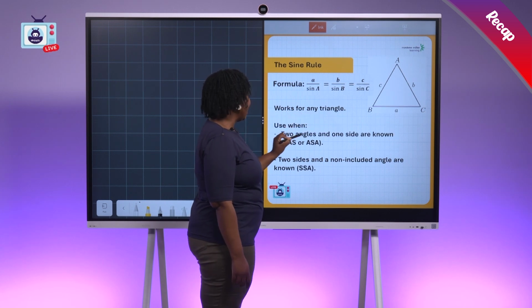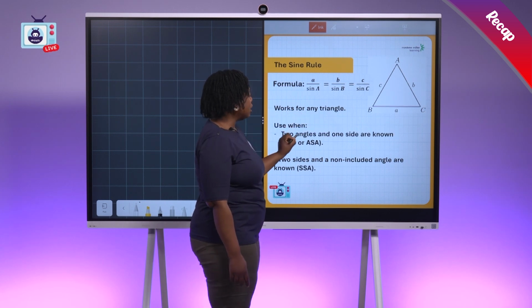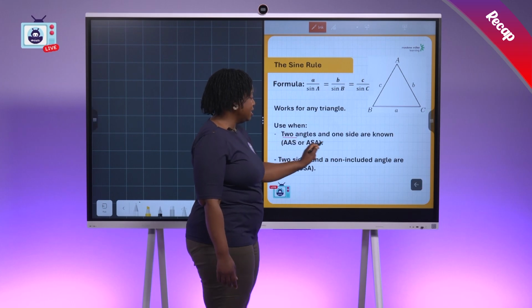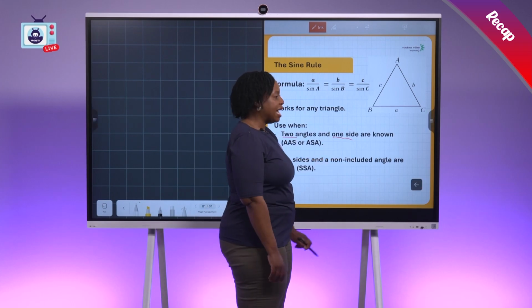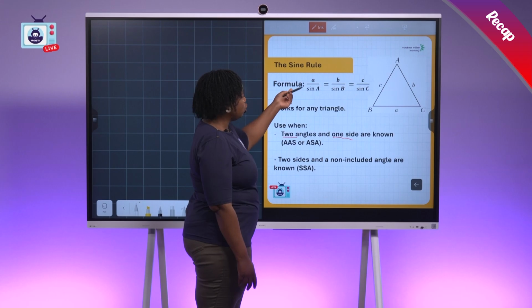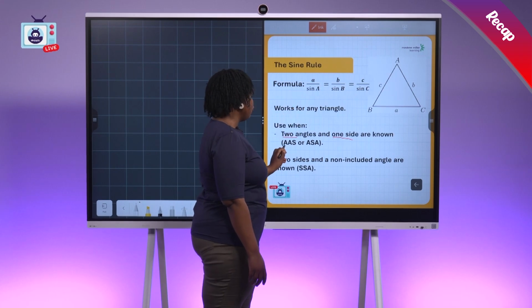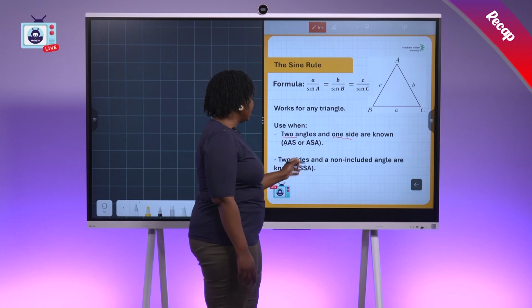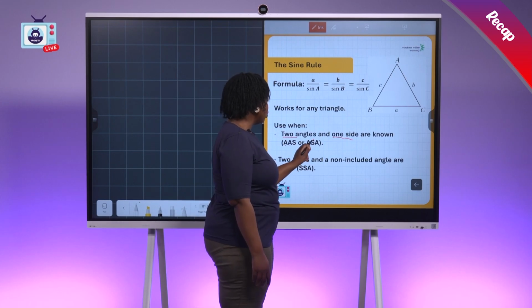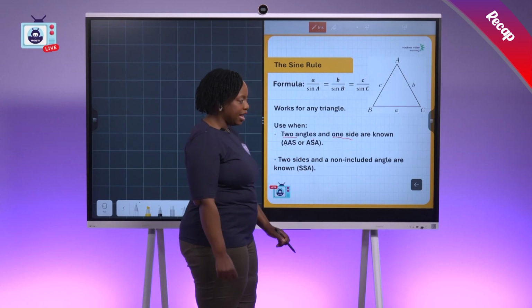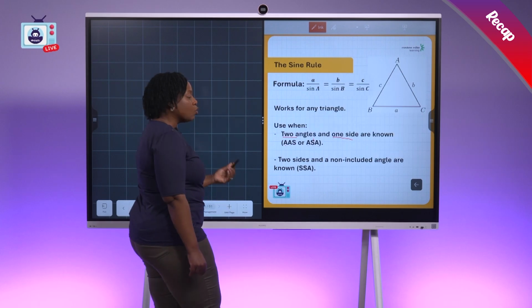If you have a triangle that has 2 angles and 1 side given to you, you can use a sine rule. So if you are given an angle, an included side, and another angle, that's one way.